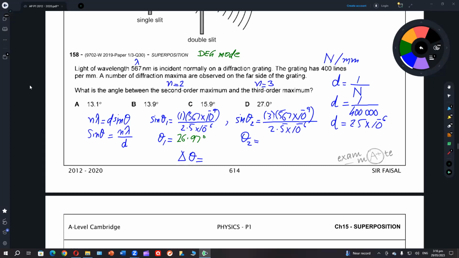It is coming as 42.87. So the difference is 15.9. It means the answer is C.